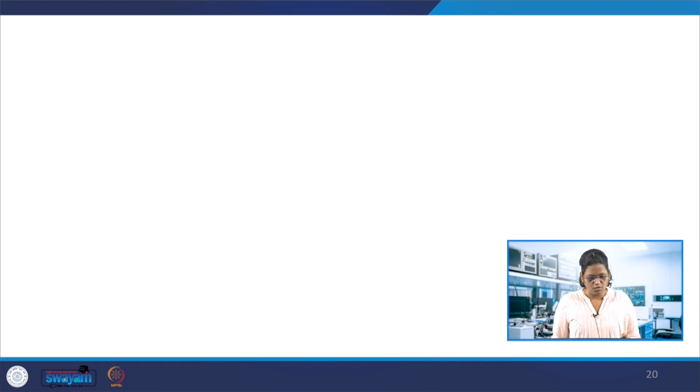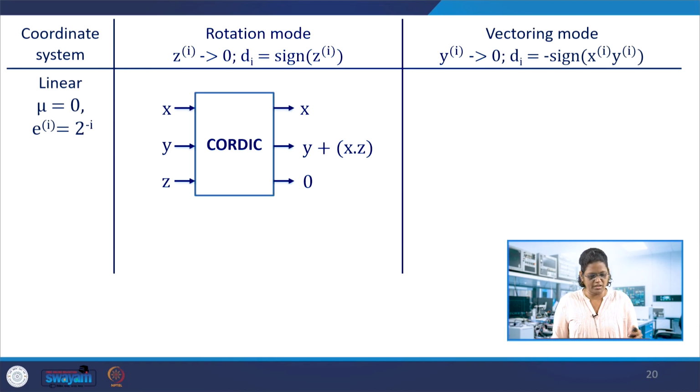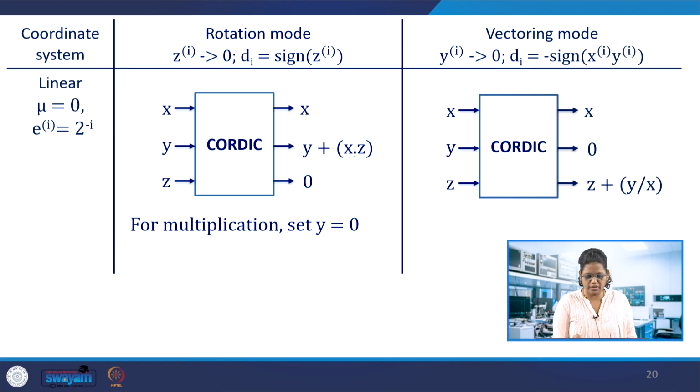So let's see what things can be obtained through this. Linear rotations can give the x, y, z and the y, x and z product also, where z is moving towards 0 in the rotation mode. For multiplication, set y 0 so that you get x times z here. In the vectoring mode, y i is moving to 0, as we have seen, z 0 or y moving to 0, depending on the sign of this, and this is going to be 0.